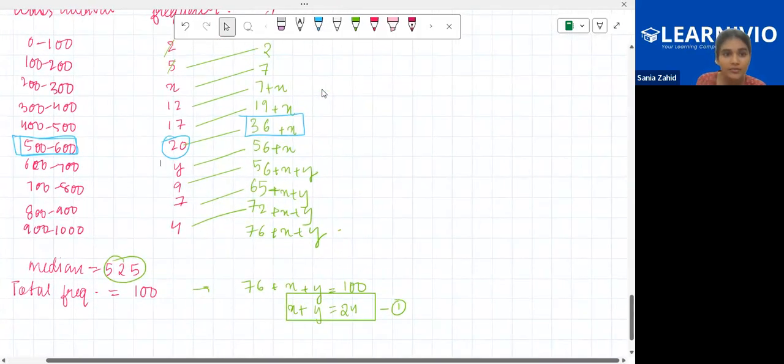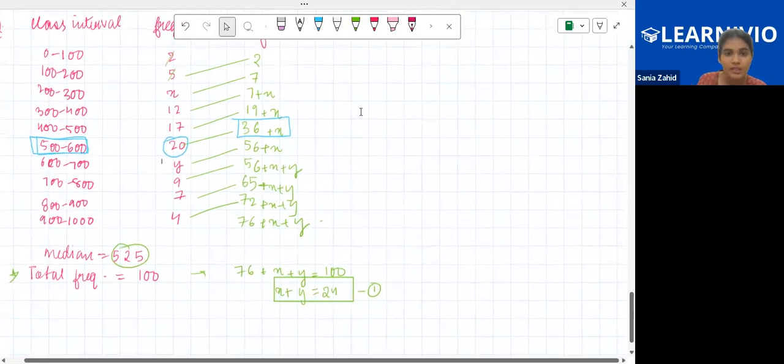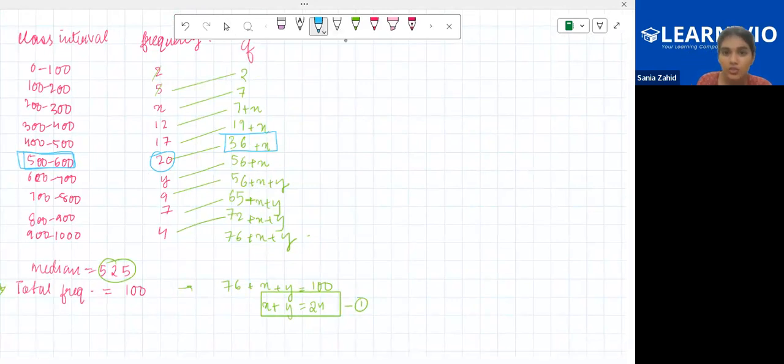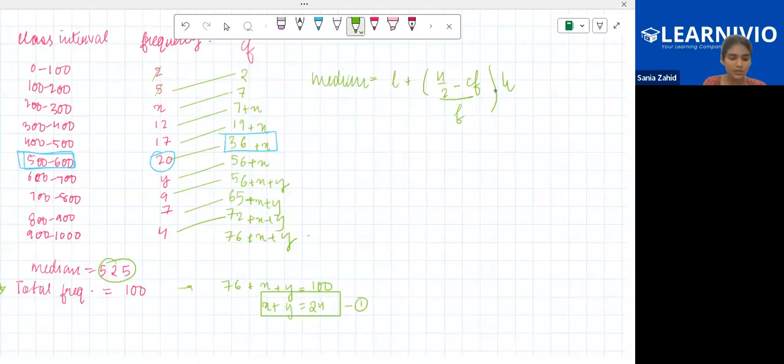So median is equal to L plus (n by 2 minus cumulative frequency) by frequency into height. Use this formula to calculate the value. L is 500.